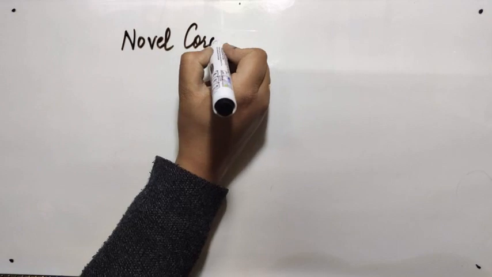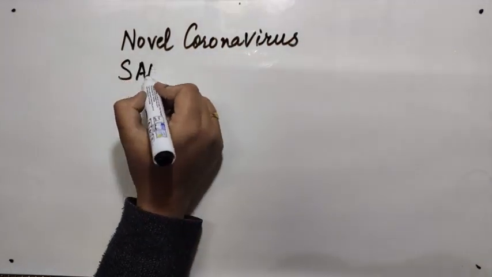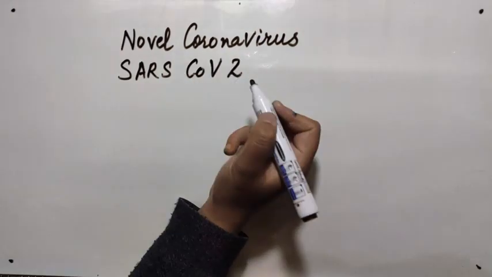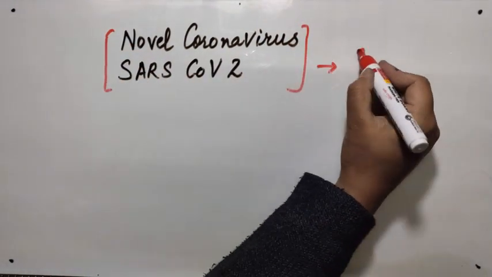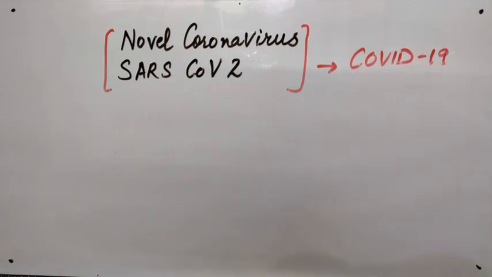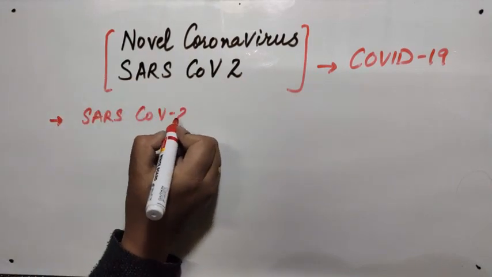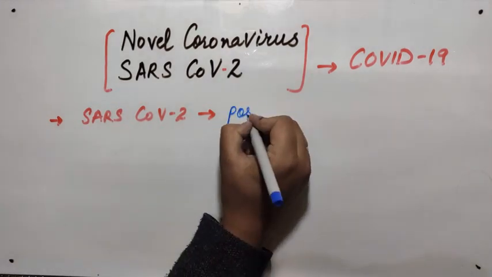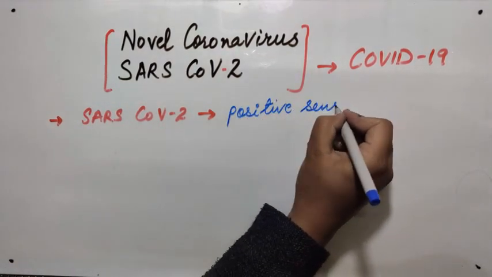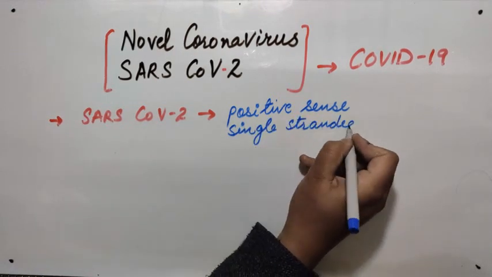Now let us understand what is novel coronavirus or severe acute respiratory syndrome coronavirus 2, the recent famous coronavirus, which causes COVID-19, that is coronavirus disease. Now, SARS coronavirus 2 is positive sense single-stranded RNA virus.